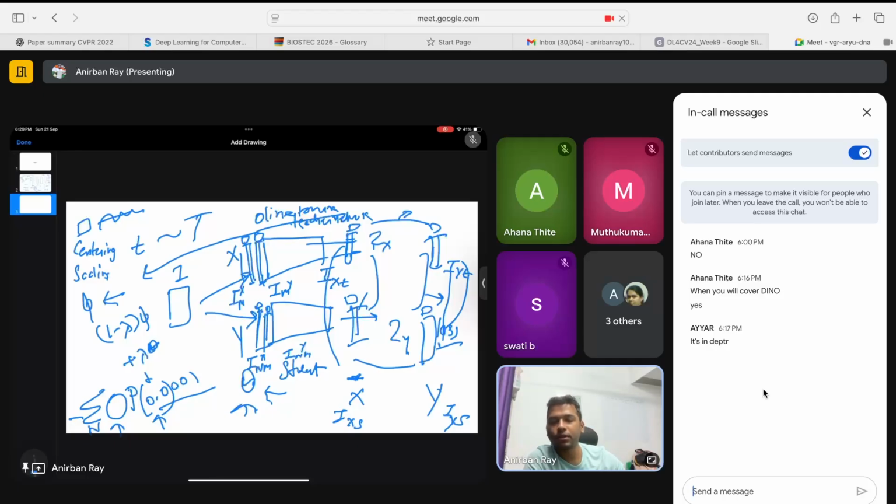This calculation is done over batches. In a batch you have several images, so over a batch you calculate the mean and subtract the mean. Similarly, you calculate the standard deviation and divide each image in the batch by the standard deviation. This is required so that it does not collapse into a trivial solution.